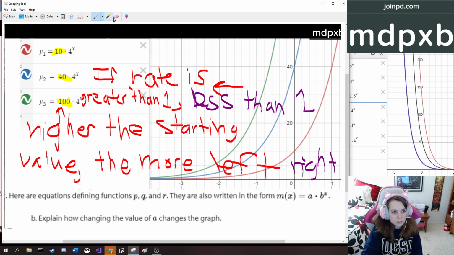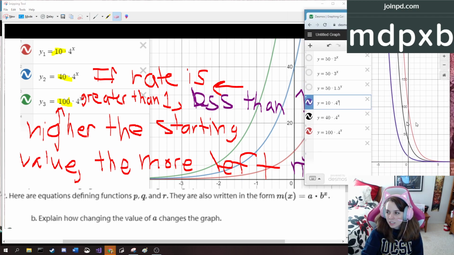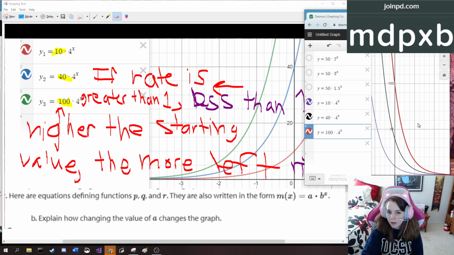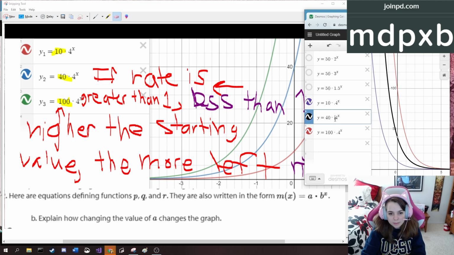So if the rate is greater than 1, as we see here with 4, the higher the starting value, the more left it's going to be. If the rate is less than 1, as we see here, the higher the starting value, the more to the right it's going to be. So it kind of flips in that way.